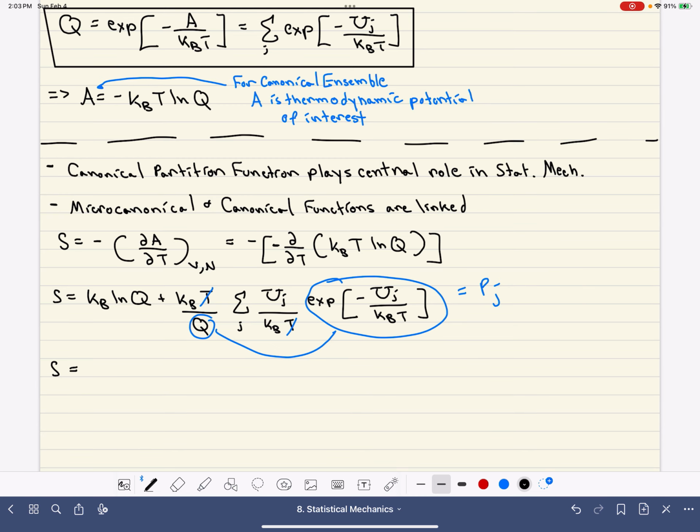We now have KB ln of Q plus KB summation of, let's see, KB, actually there should have been a square here.